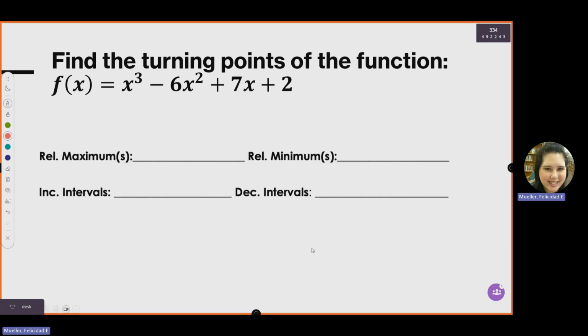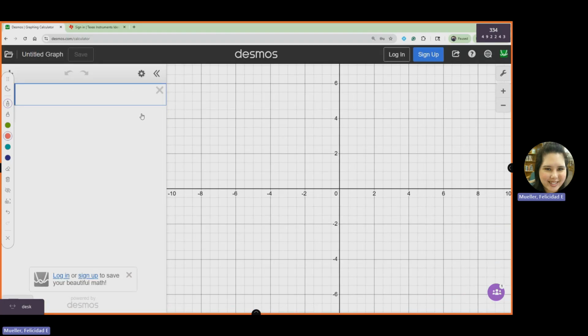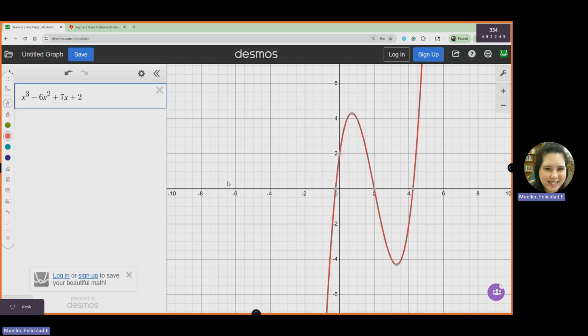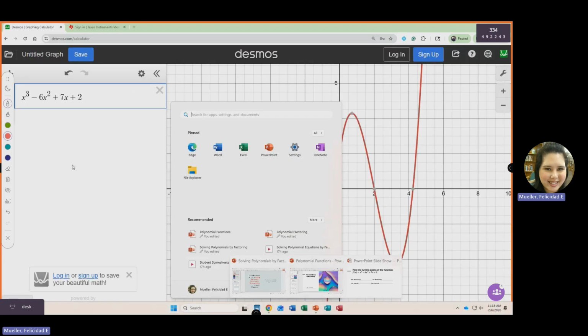So we have x cubed minus 6x squared plus 7x plus 2. All right, so that is correct.